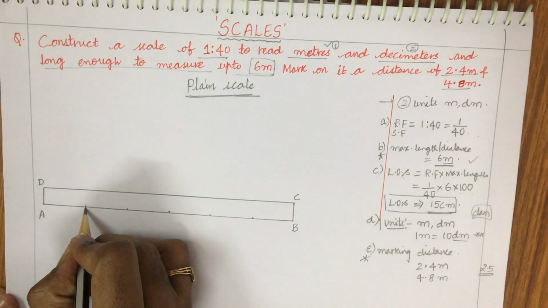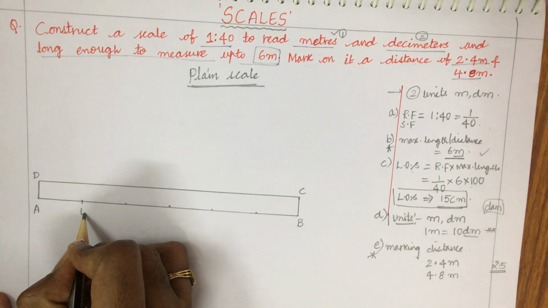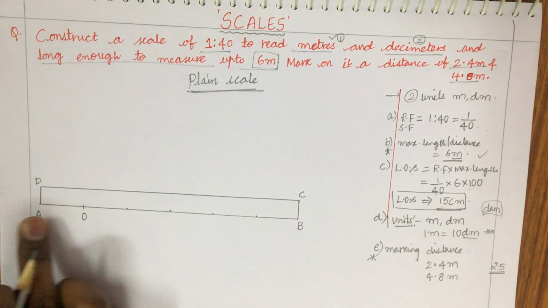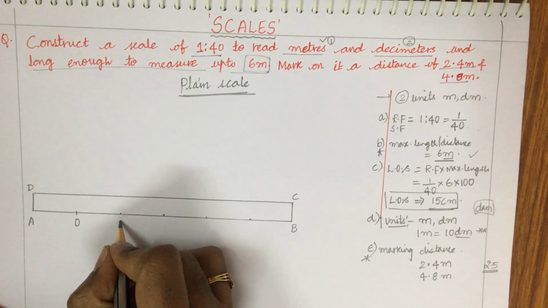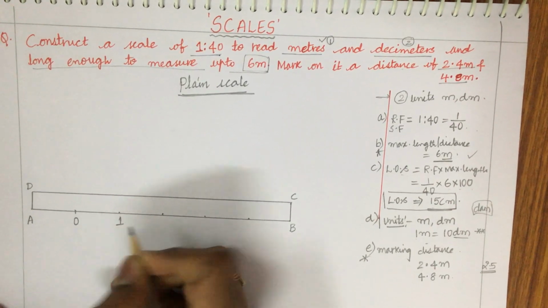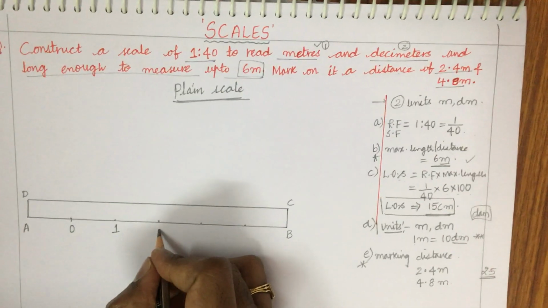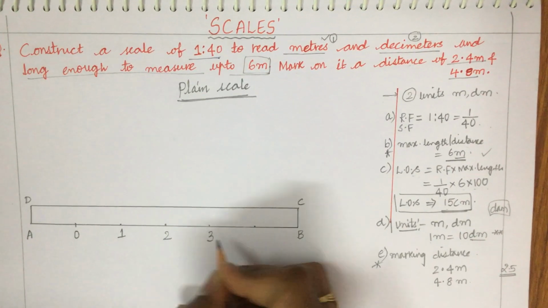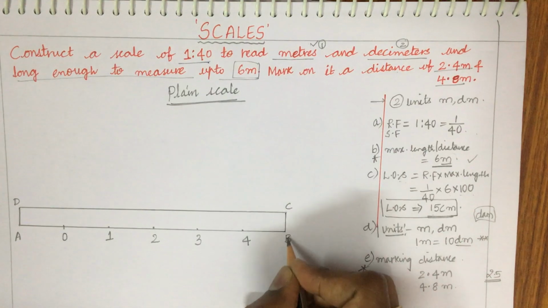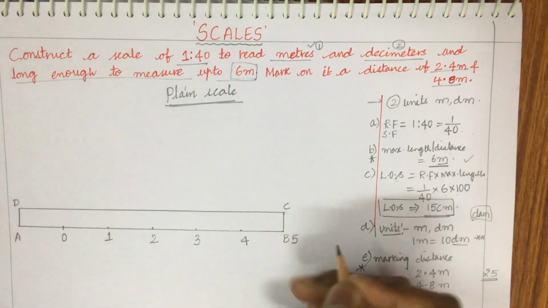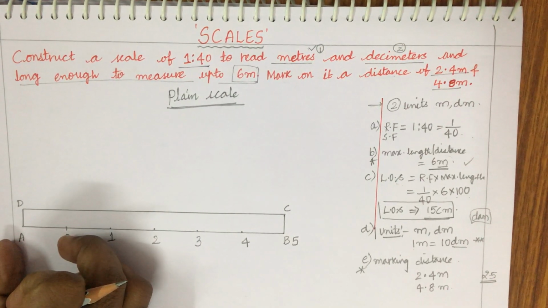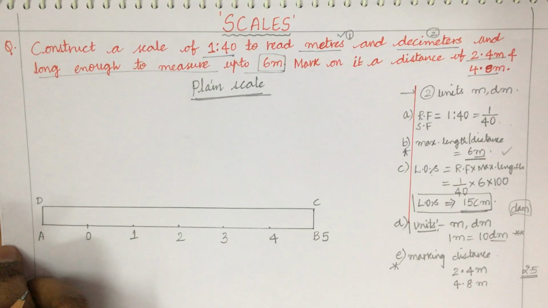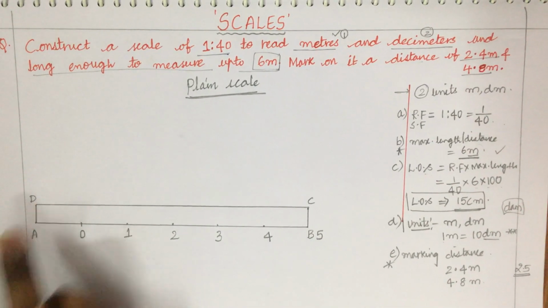Now, the first point marked on the scale is to be 0. Why? It is because we need to work out the subdivision scale and start working from here. This is 1 meter, 2 meter, 3 meter, 4 meter, and B is nothing but 5 meter, and along with this, the subdivision to the left of 0, up to A, is the 6th meter.